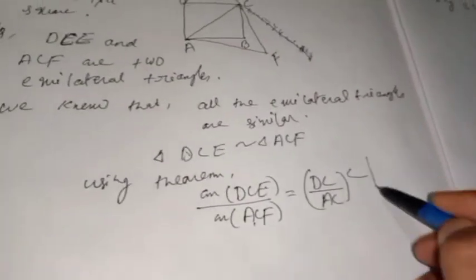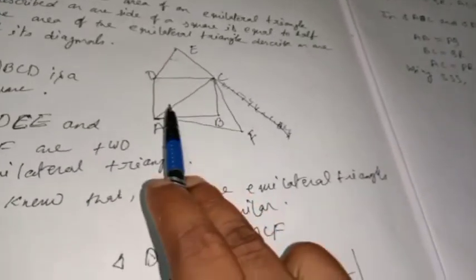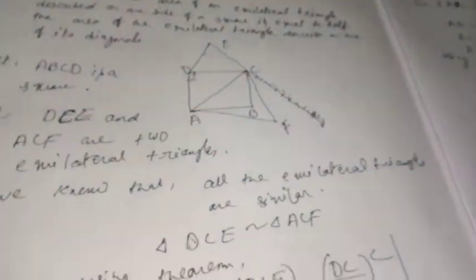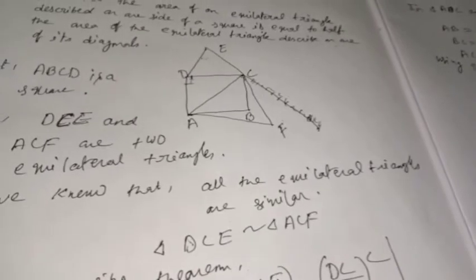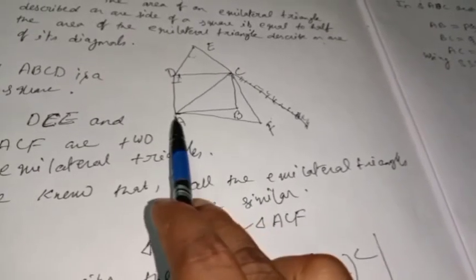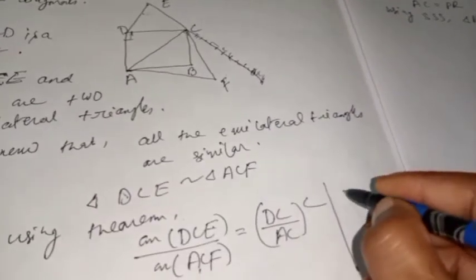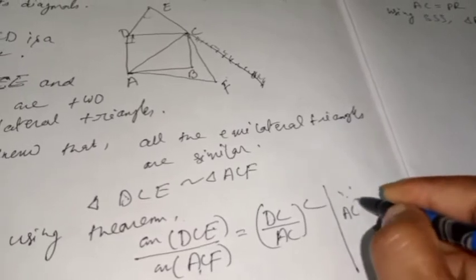I'll give you a little explanation here. As we know, in a square all the angles are how much? 90 degrees. Then ADC is what? A right angle triangle.